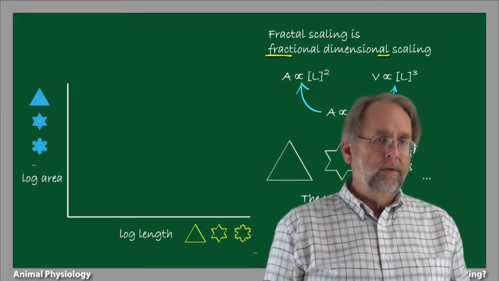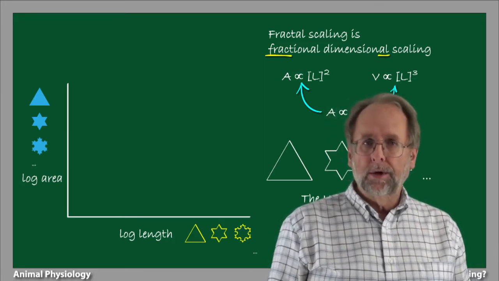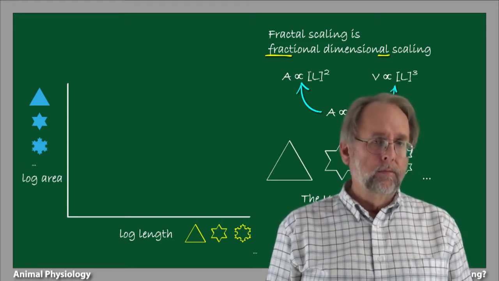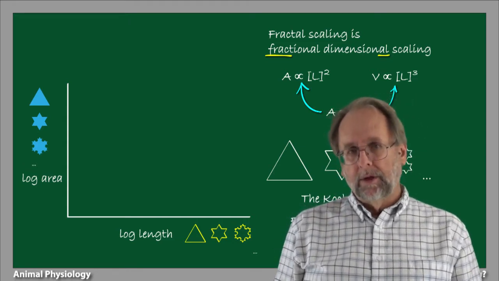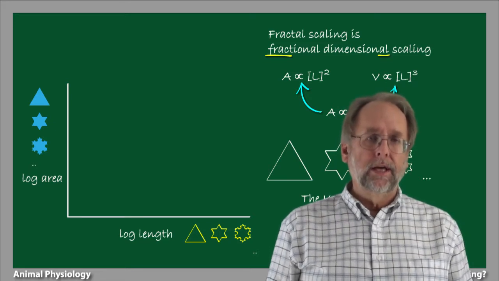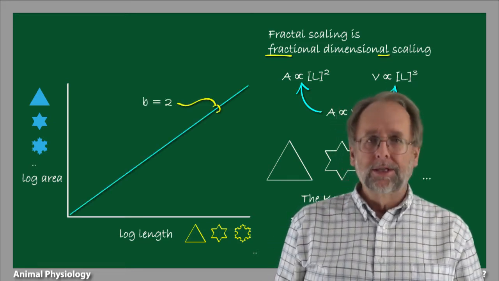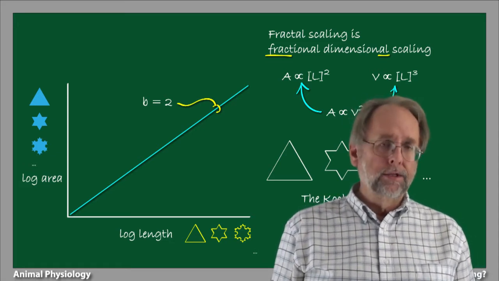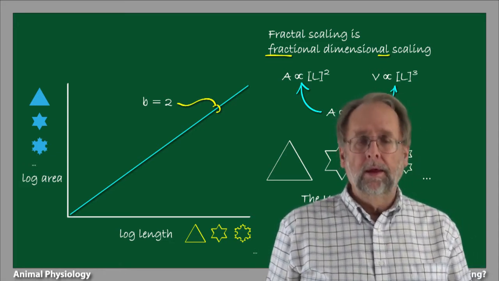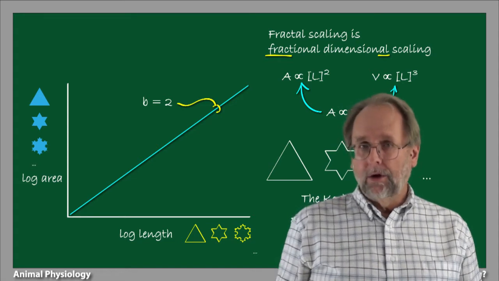Let's lay out a couple of scenarios for how these two quantities could scale with one another. The obvious scaling relationship would be that the area scales to the 2 power of the length, that is, the slope of the curve, which is the exponent in the power equation, should be 2. Now let's take another scenario.